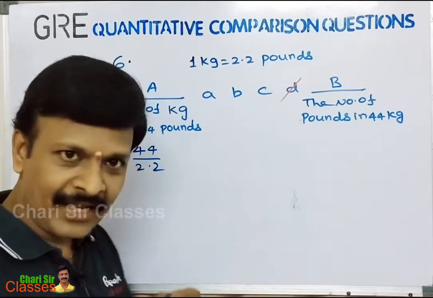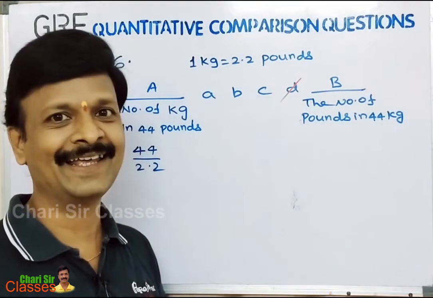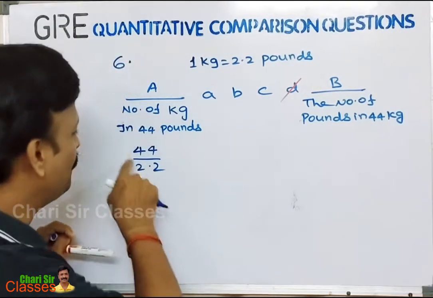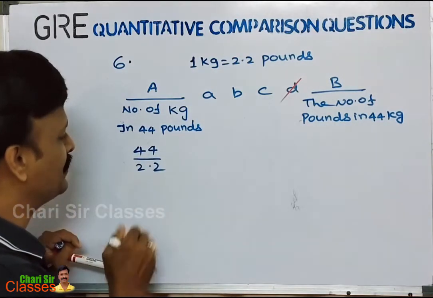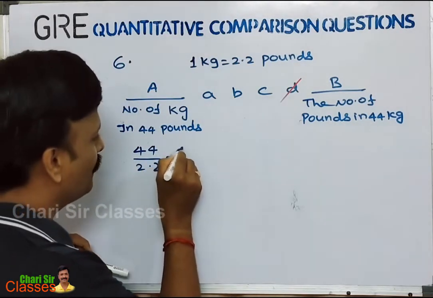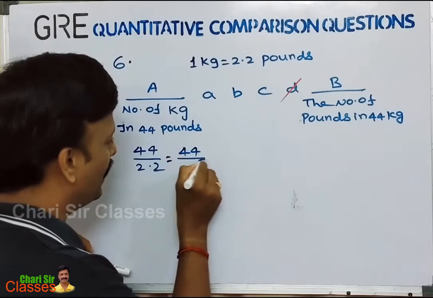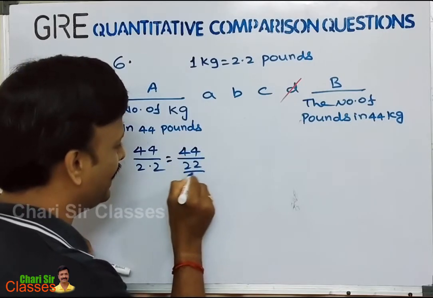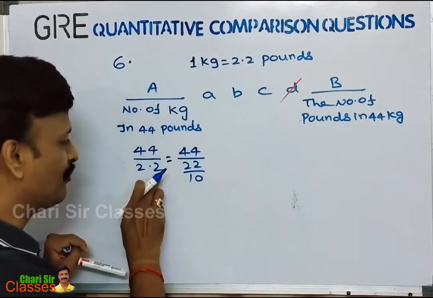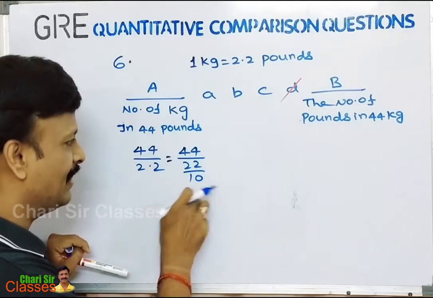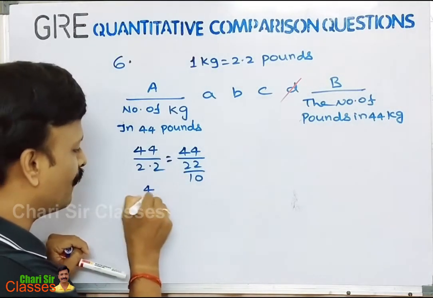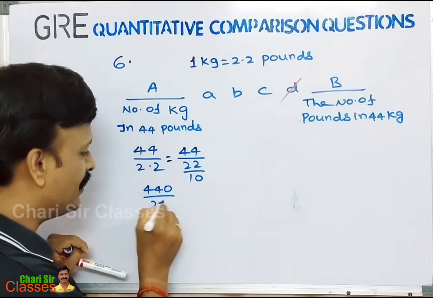Therefore in 44 pounds, how many kgs are there? That is the question. So 44 by 2.2, which can be written as 44 by 22 by 10. When you remove the decimal point, here you get by 10. So this can be written as 440 by 22.